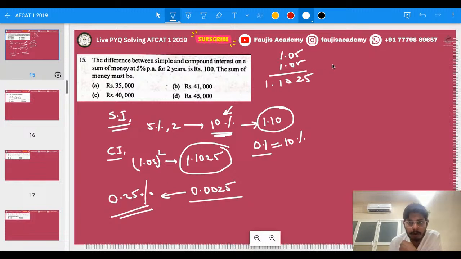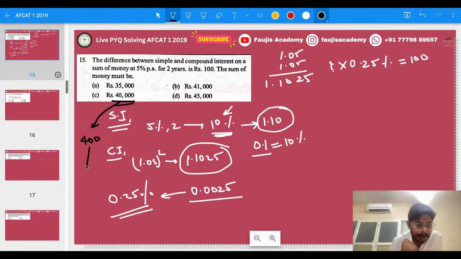So what number has 0.25 percentage as 100? Okay, 40,000. 1% of 40,000 is 400. And then another 1 by 4, that means 0.25% of it will be 100, right? I don't know how you guys have done it. This is the logic, this is the beauty of maths.